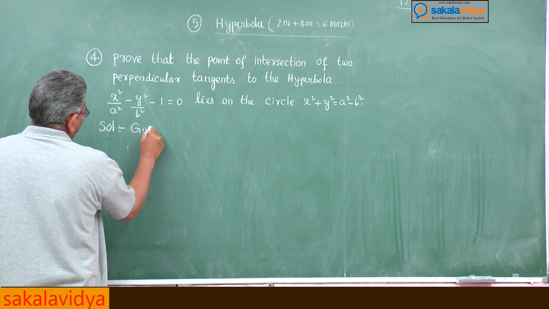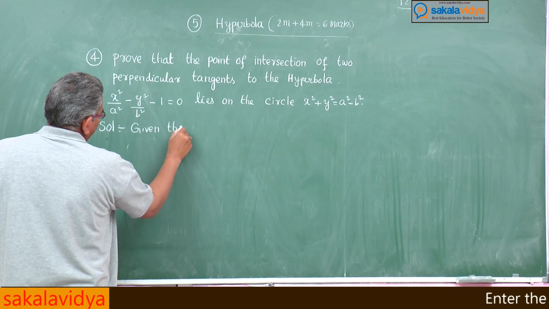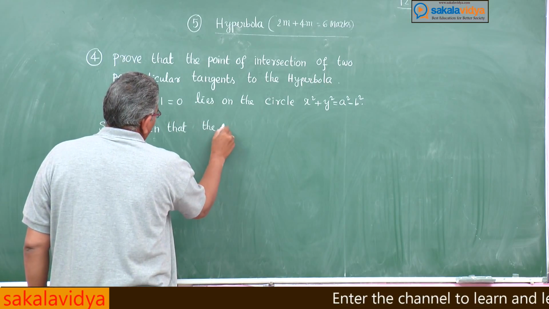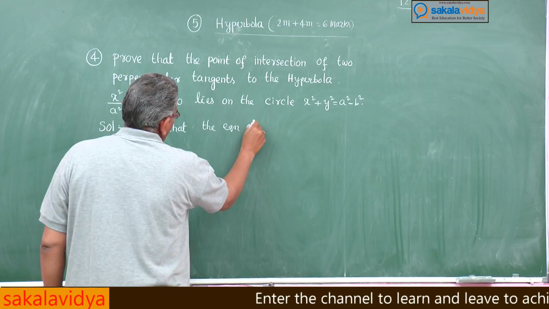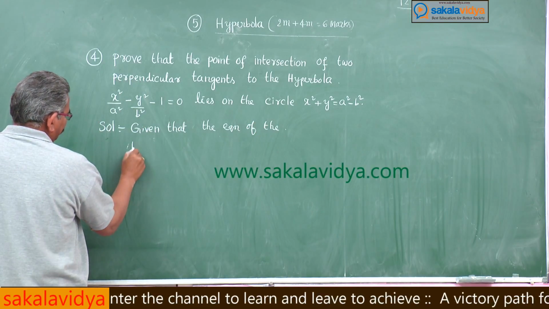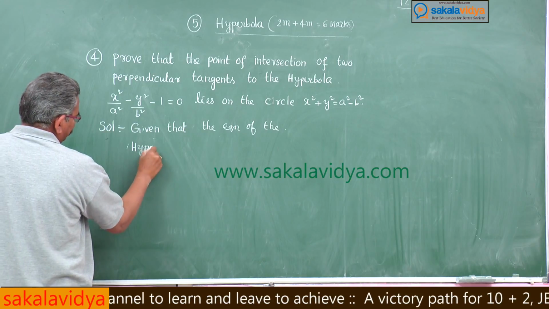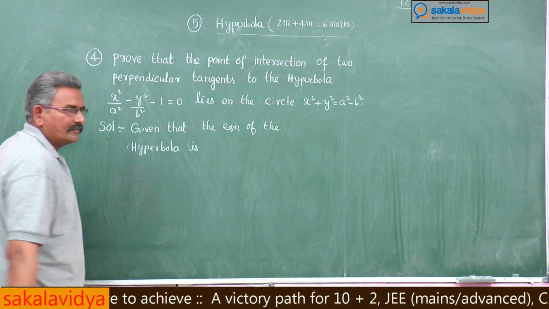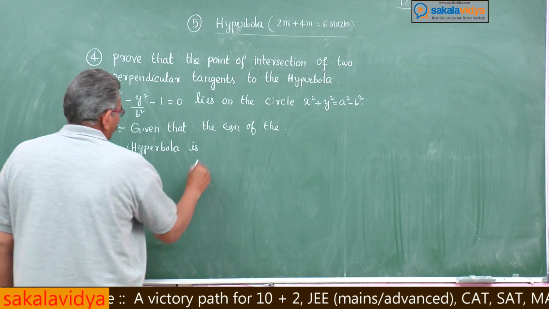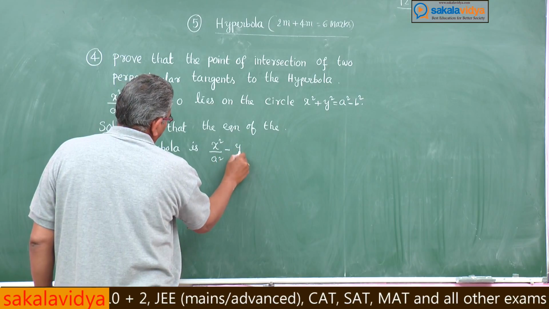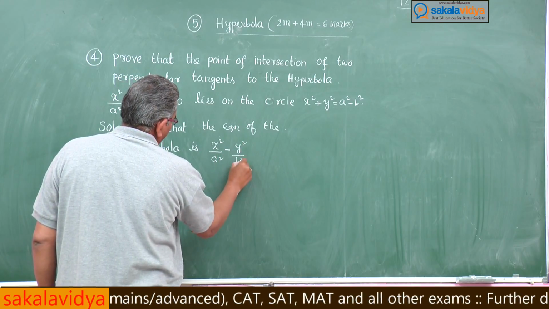Given that the equation of the hyperbola is x square by a square minus y square by b square is equal to 1.